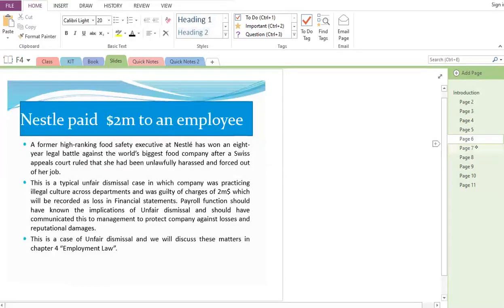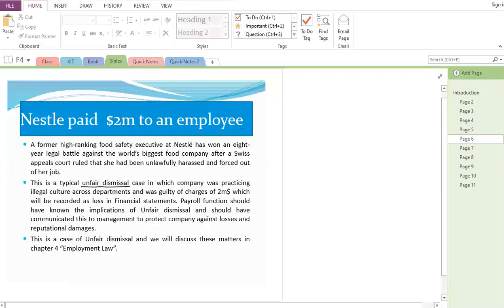So there is another example. Nestle paid $2 million to an employee for dismissing him on unfair grounds. A former high-ranking food safety executive at Nestle has won an 8-year legal battle against the world's biggest food company after a Swiss appeal court ruled that she had been unlawfully harassed and forced out of her job.